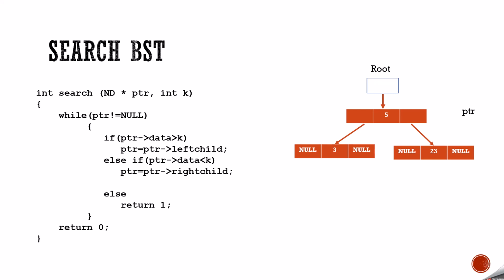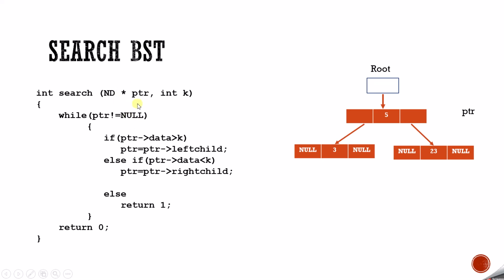So let's see simply what the search is and how it happens. We're going to write a function called search, where we pass the content of the root node, that is the root pointer. Here we are not going to use a double pointer, or pass the address of the root pointer, because I am not changing anything, I am just traversing.